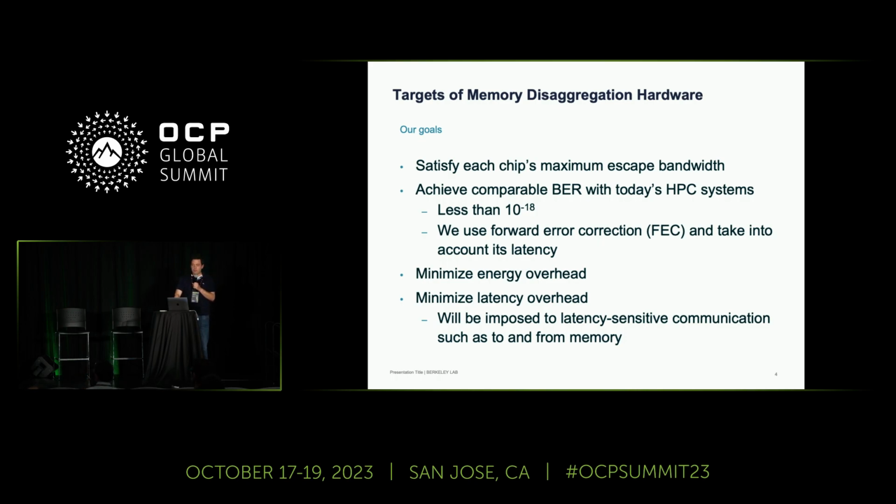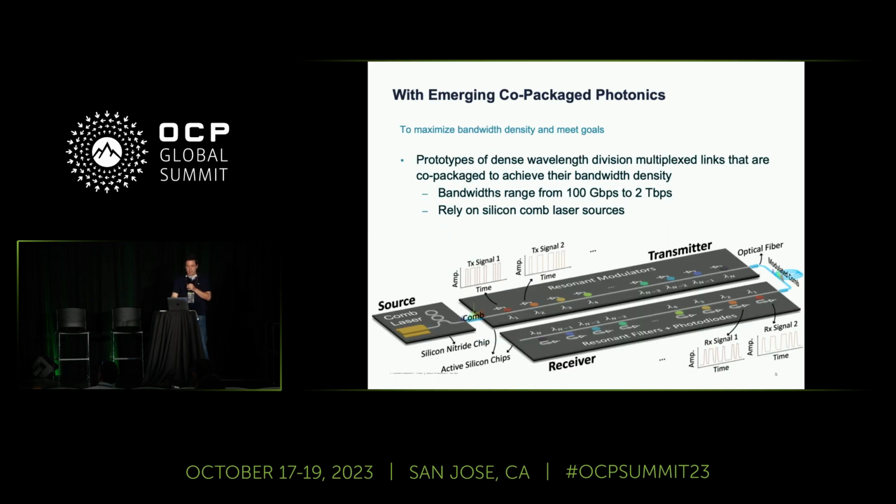Now, for the photonics, we wanted to implement this rack using photonic components, and all the components that we have in our model are demonstrated, and some of them are commercialized. So this is something that Xscape is actually showing on the floor. It's available commercially right now, and it's that acronym in the title, the Dense Wavelength Division Multiplex link, where the idea is very simply that you have a comb laser source on the left.